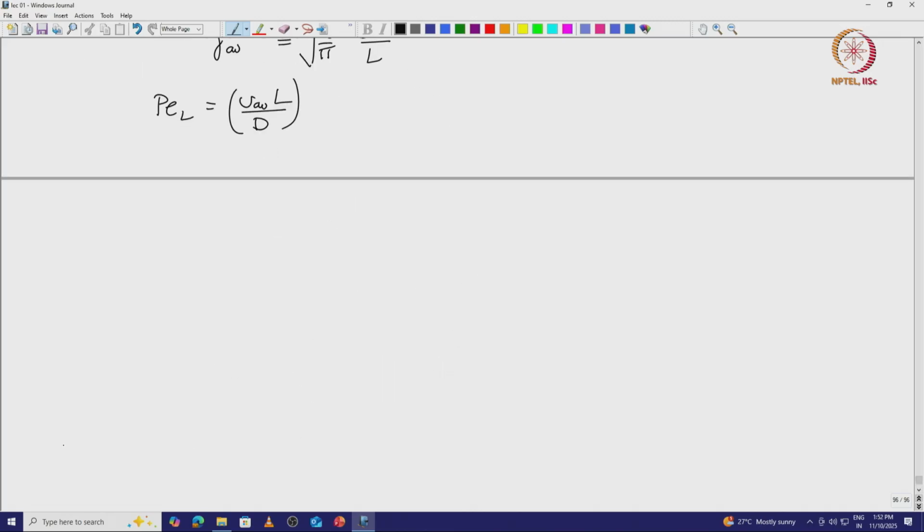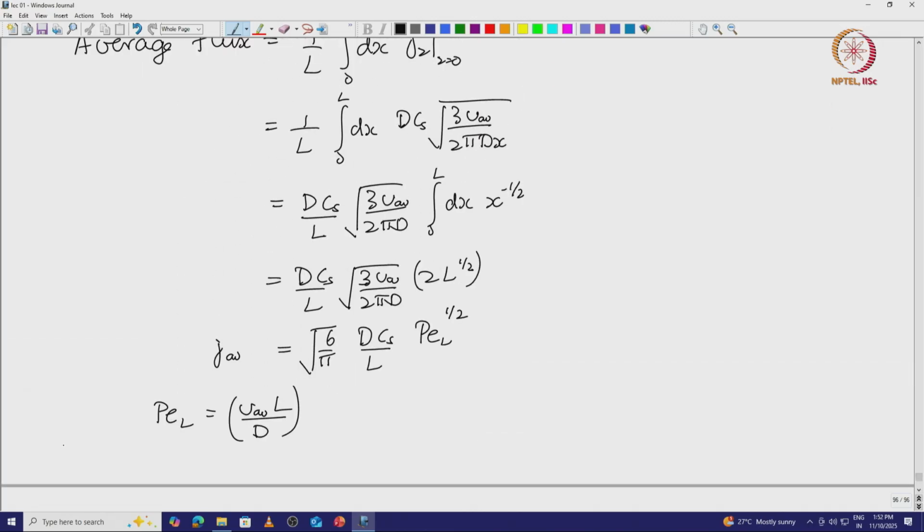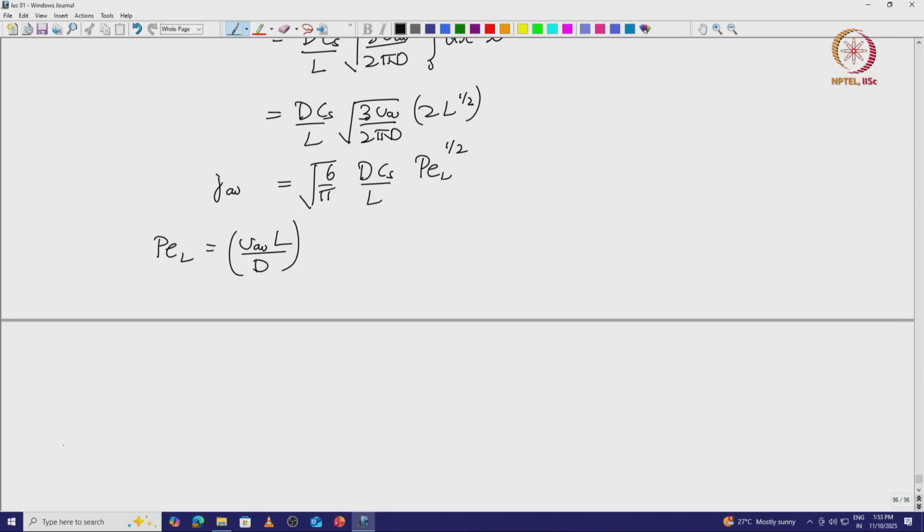And the Sherwood number correlation is written for the flux. The Sherwood number is defined as the average flux by d C s by L, which is equal to root of 6 by pi into Pe_L power half. So, that is the Sherwood number correlation for this particular case.